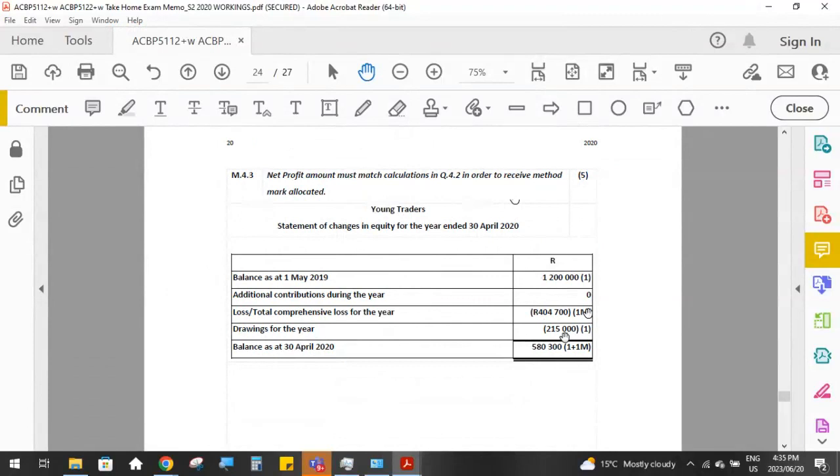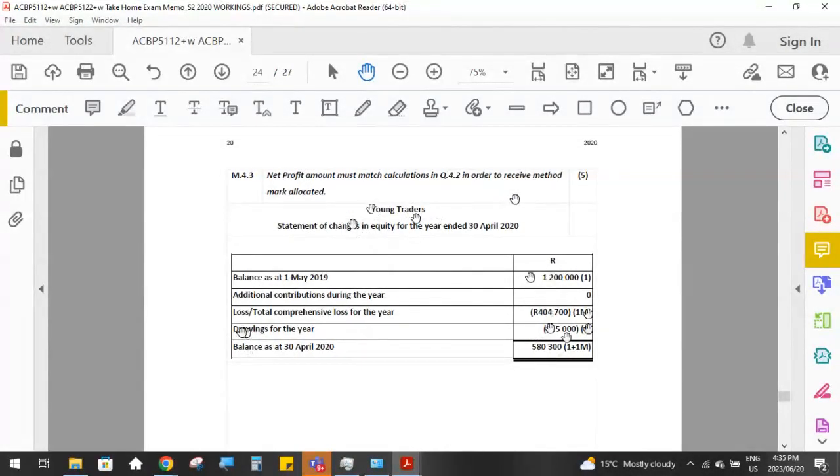And then finally, the last line item on our statement of changes in equity is less drawings for the year. And they gave us that 215. Opening balance plus contributions minus loss minus drawings equals closing balance as at the end of the year, 30th of April 2020.